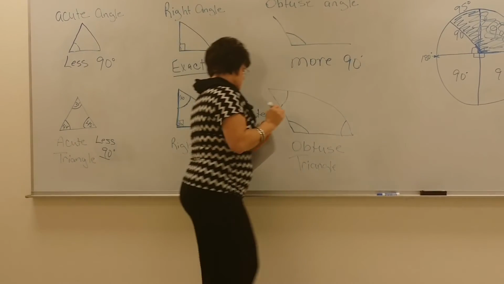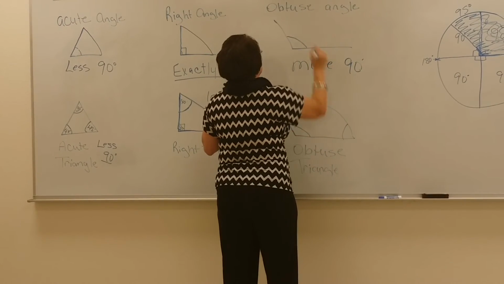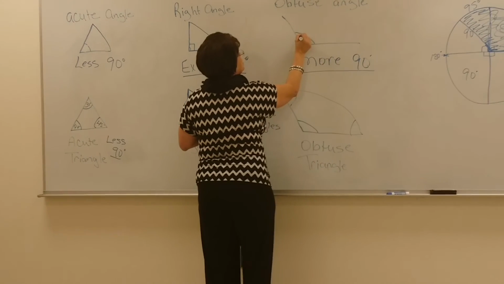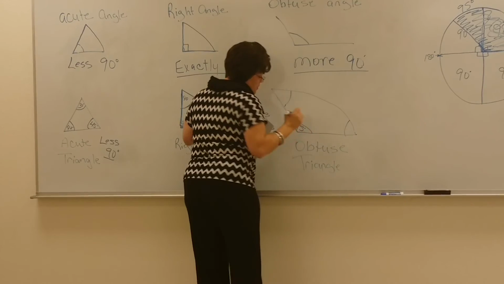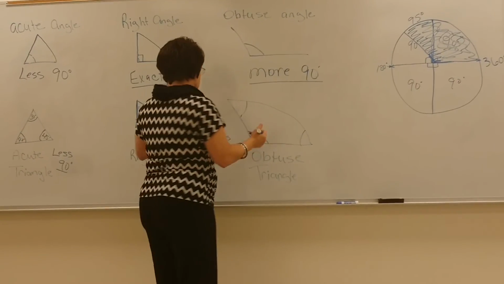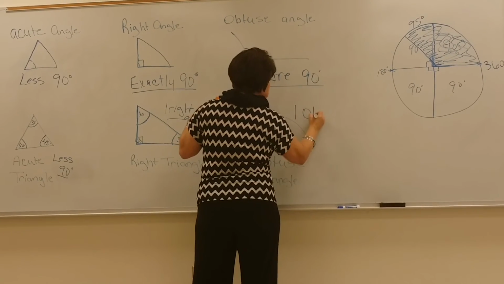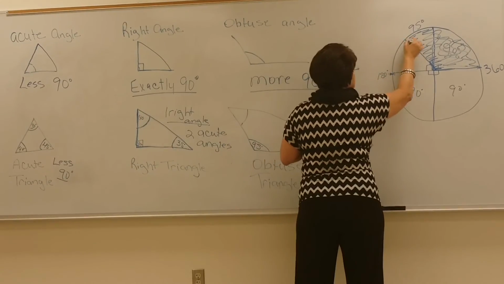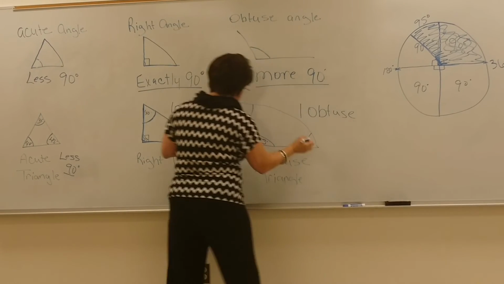An obtuse triangle, okay, an obtuse triangle is more than 90. So this is a 95, because 95 is more than 90. So we have one obtuse, because it's more than 90, right here. This would be your obtuse. And what do you have here?